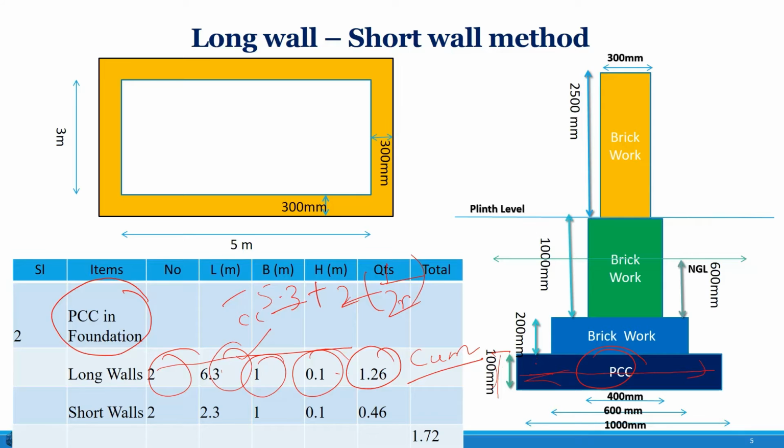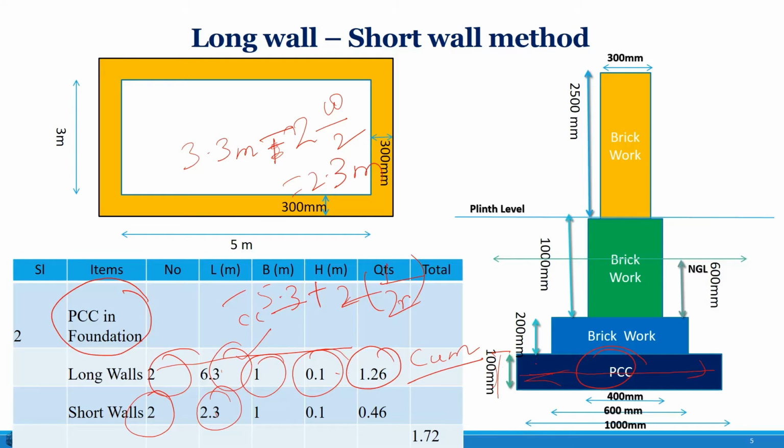Again, for the short walls, we have two short walls. In a similar manner, the center to center distance is 3.3 meter minus 2 times half of the width of the component, so it is coming to 2.3 meter.